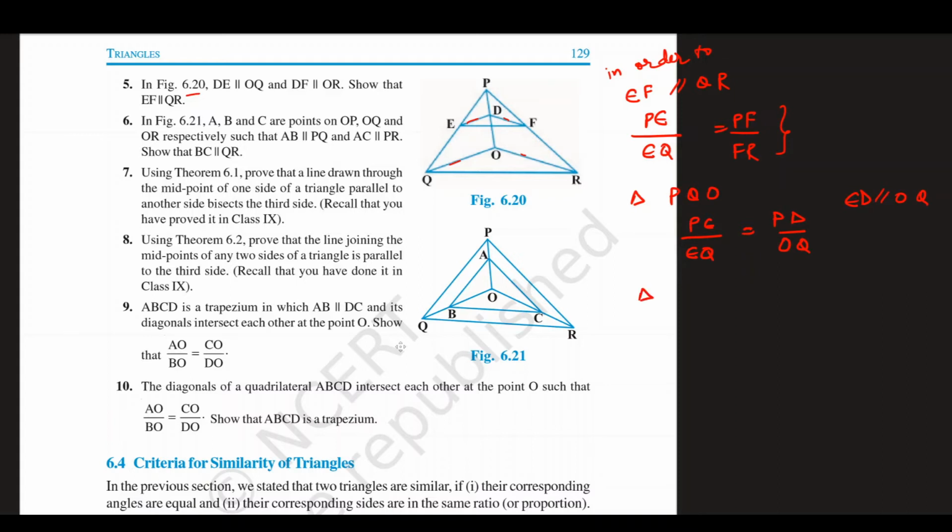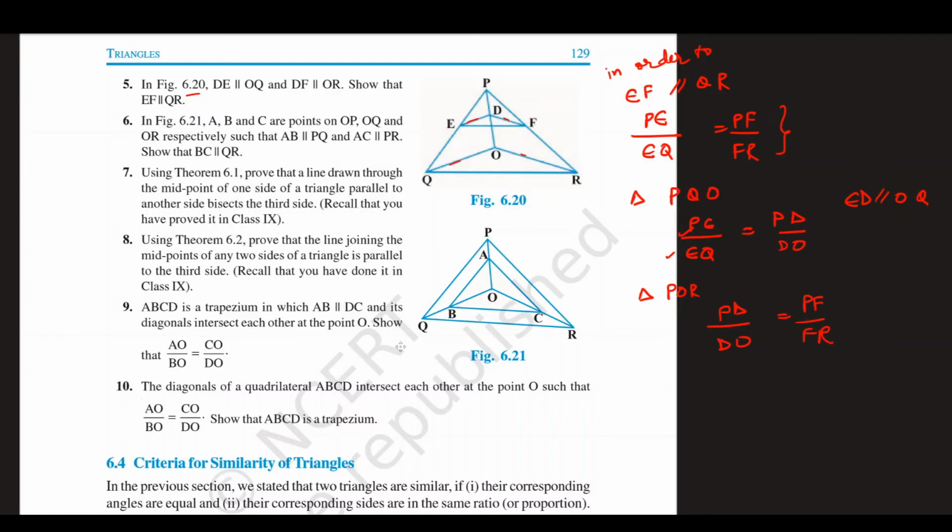And in triangle POR, we have PD upon DO is equal to PF upon FR.